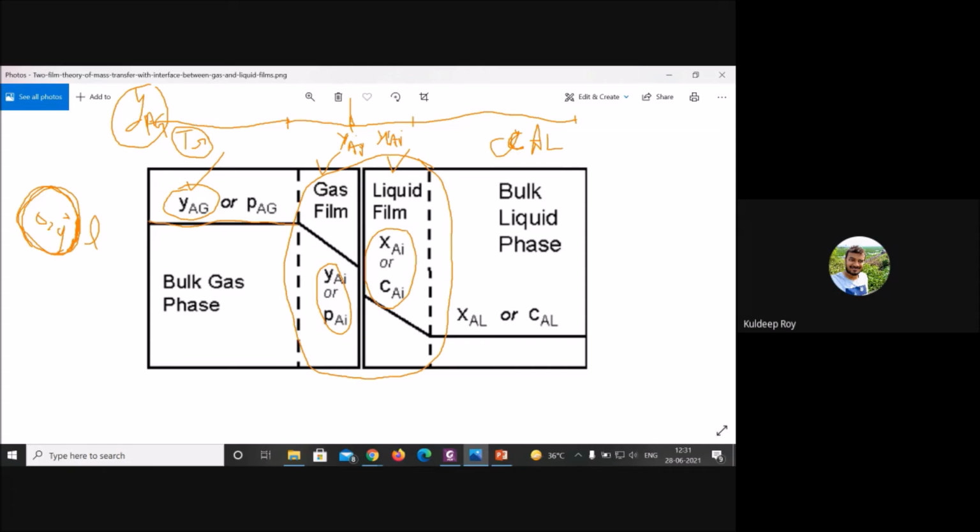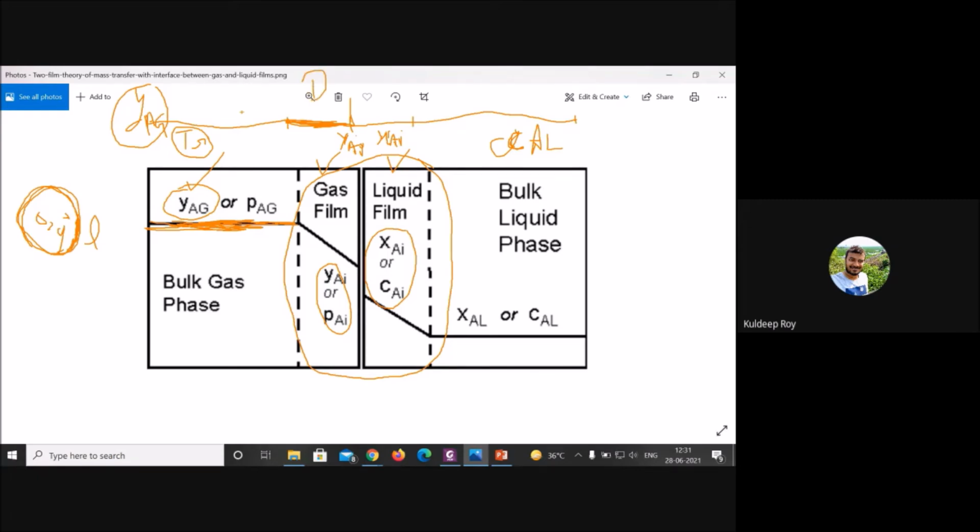You are saying that due to the complete mixing, or you can say the complete turbulence, here the concentration will be uniform at the bulk. Now at the film, here will be the concentration gradient, around the film. Then the mass transfer will occur from this position to this position, but due to diffusion, I am writing diffusion.